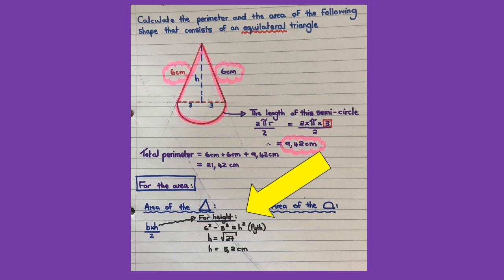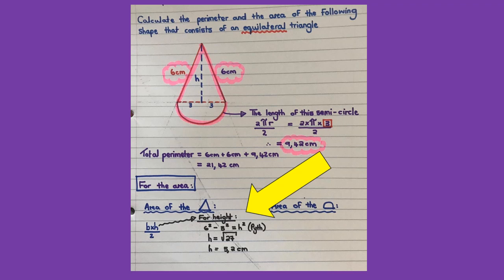Before we can insert anything, we need to find the height. So I'm going to look at that big triangle and zoom in to only half of that triangle. We've got one of the legs as 3, and the hypotenuse is 6. How do we find the height of that triangle? By using the lovely Mr. Pythagoras.